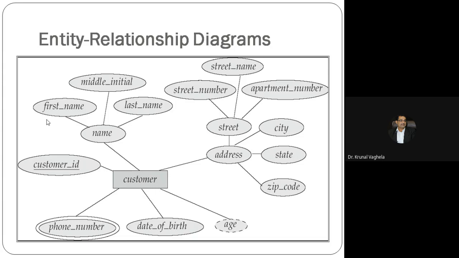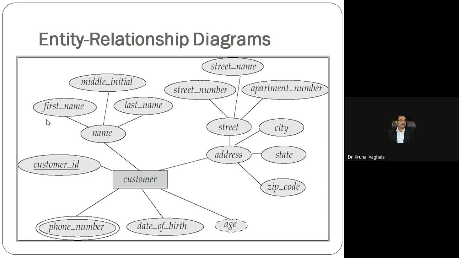What is phone number? Double ellipse. It's multi-valued. That means you can store multiple phone numbers for the customer. Date of birth, simple. Age, derived. It is represented by a dashed ellipse.